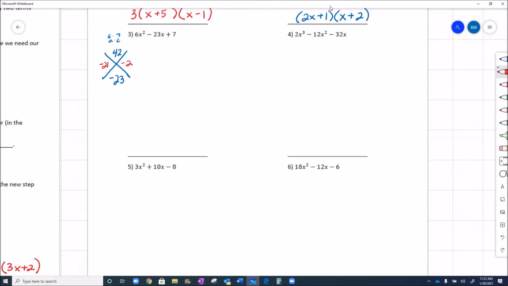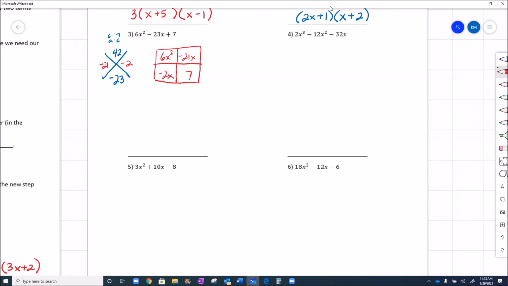But -21 and -2 multiply to give me +42 and add to give me -23. So now I can make my box. First term, first box, which is 6x squared. Last term, last box, 7. And then these two terms that we came up with, -21x and -2x, in the other two boxes.